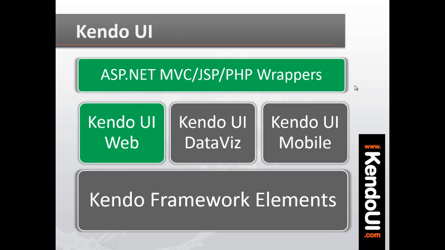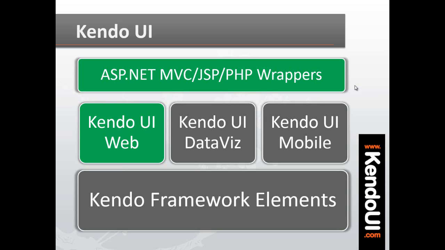Now, if somebody asks what exactly Kendo UI is all about, Kendo UI is actually three things: Kendo UI Web, Kendo UI Data Viz, and Kendo UI Mobile. Kendo UI Web, as the name says, is the controls or widgets available for web pages. Data Viz is nothing but the charts and graphs available for browser-based web pages or mobile applications.